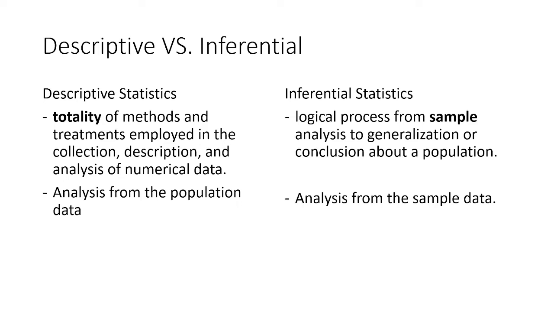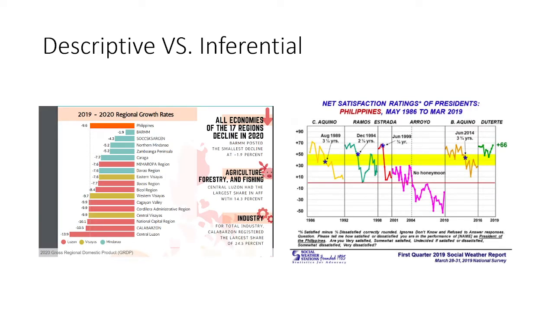Alright. So data. By data, we have different types of data. Okay. So for here, I have two types of data which are actually, dito sa kaliwa, we have here the regional growth rates in the Philippines, in Bangsamoro, Sorsogon, Northern Mindanao, and something.